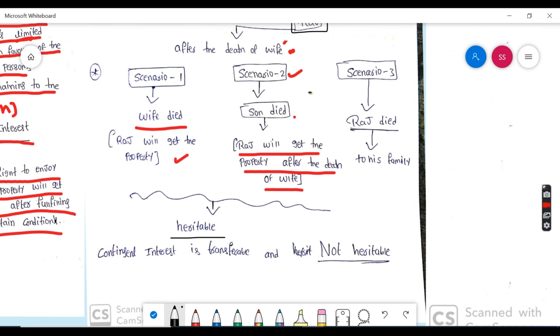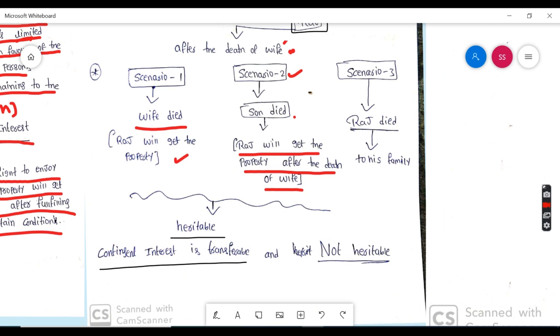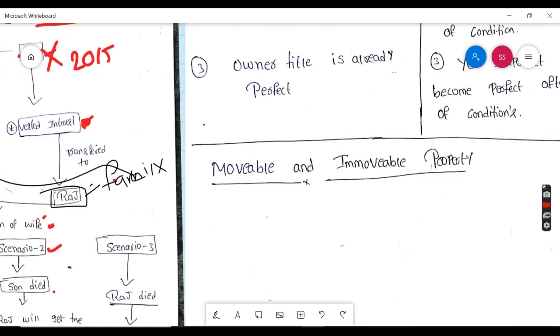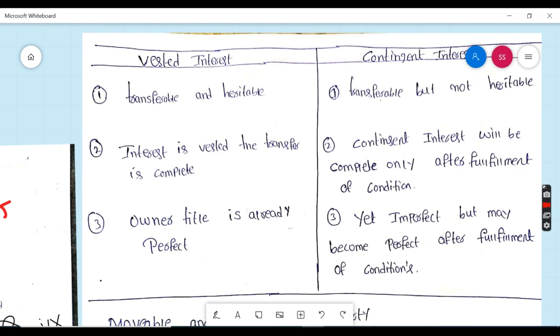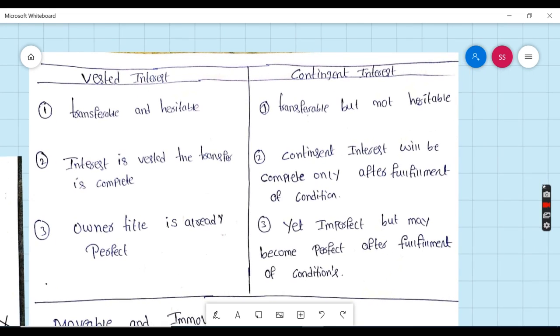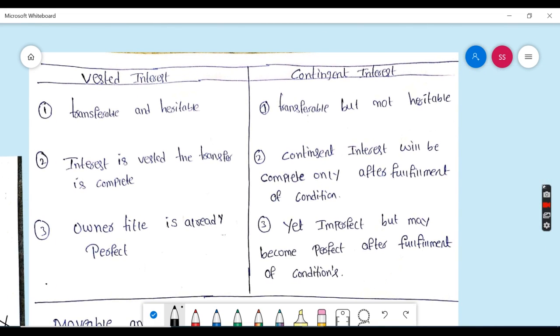But contingent interest is transferable but not heritable. So you can see the difference between vested interest and contingent interest. What we just learned is that vested interest is transferable and heritable. Contingent interest is transferable but not heritable.